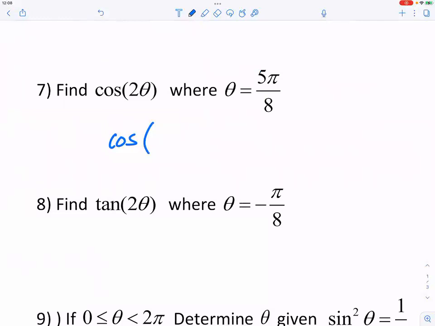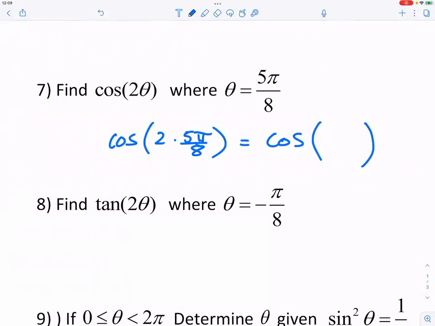Okay, number 7, cosine 2 theta. What's cosine 2 theta? What's the meaning of 2 theta? 2 times theta. All right, so what's 2 times theta? Now, if you say a 10 power over 8, I would suggest you do the following.